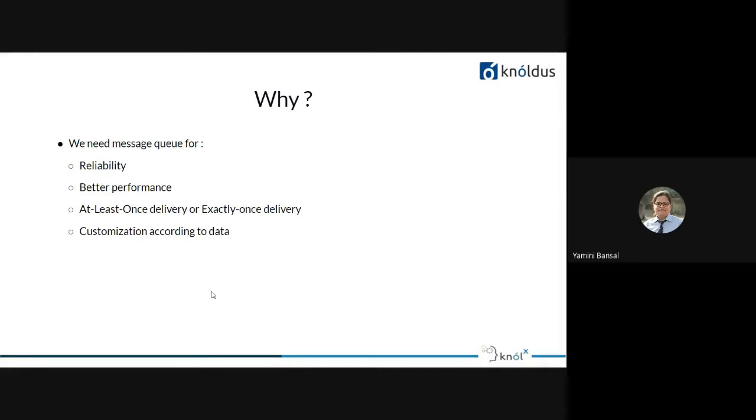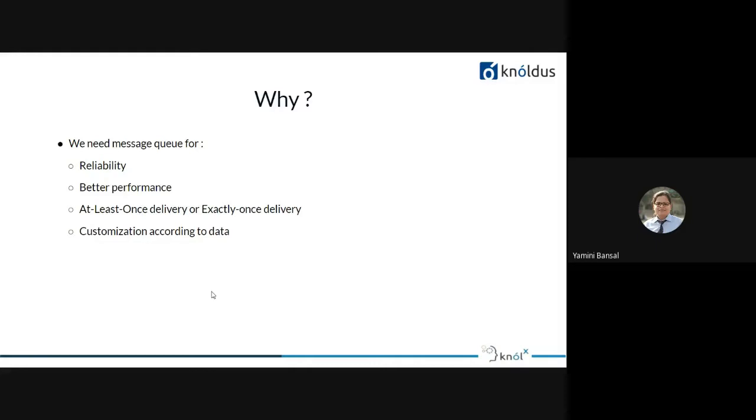And next is the delivery of a message. We have two types of delivery, at least once delivery or exactly once delivery. What are these? We're going to cover it in the SQS. And the other is customization of message queue according to the data.